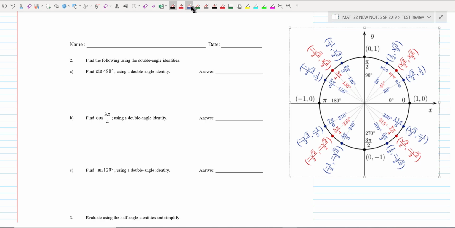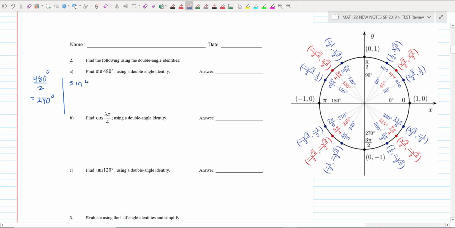So first of all, if we cut this in half and divide by 2, we get 240 degrees. So we're going to work this out like this. The sine of 480 degrees, we're going to write as the sine of 2 times 240 degrees.